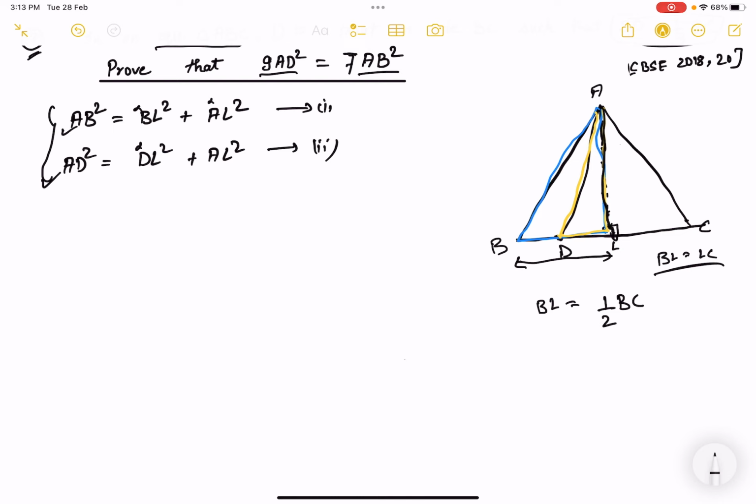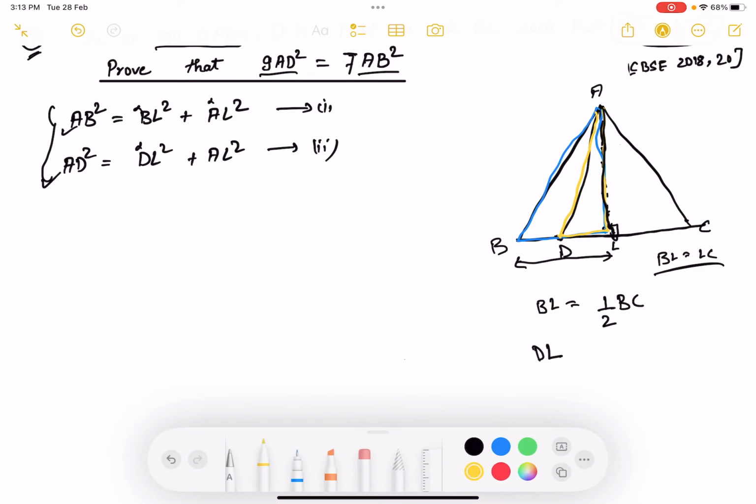Now another is DL. Where is DL? This length is DL, this yellow length. How can we find DL? DL is equal to this whole length BL minus this BD. So let's write it.